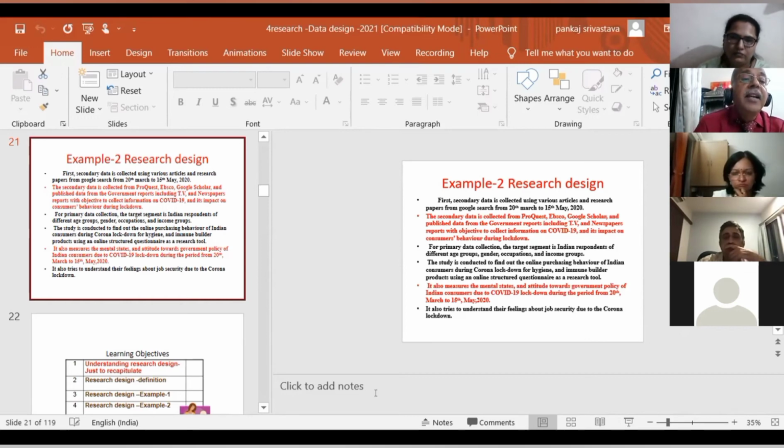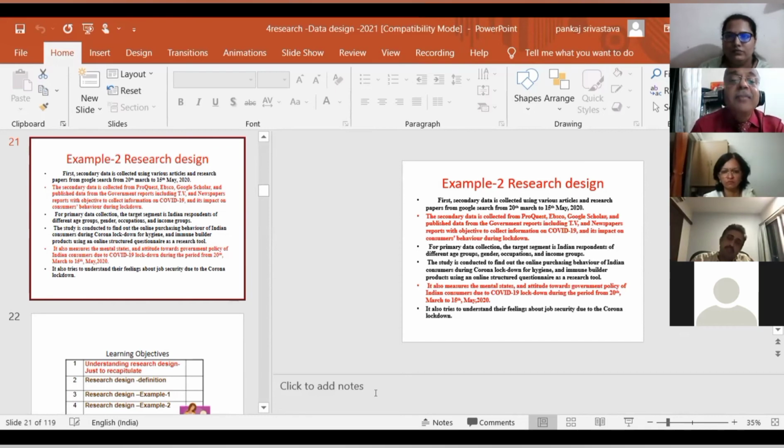Then we are saying for primary data collection, the target segment is Indian respondents of different age group, gender, occupation, and income group. The study is conducted to find out the online purchase behavior of Indian consumers during Corona lockdown for hygiene and immune builder products using an online structured questionnaire as a research tool.